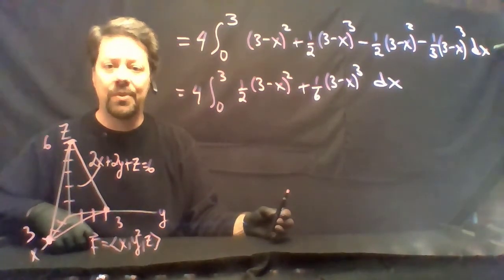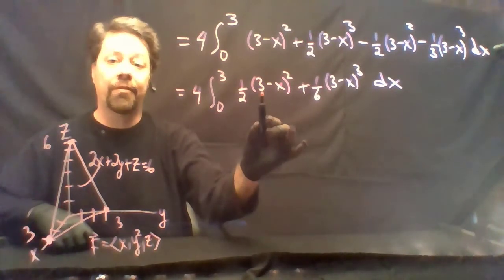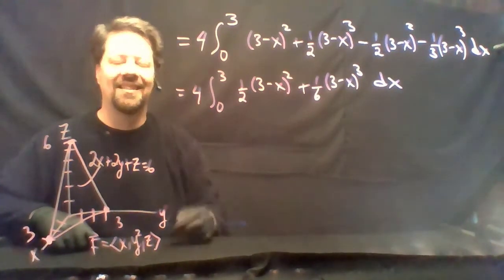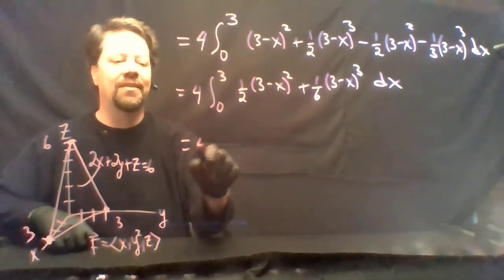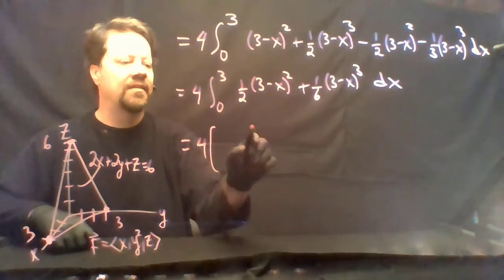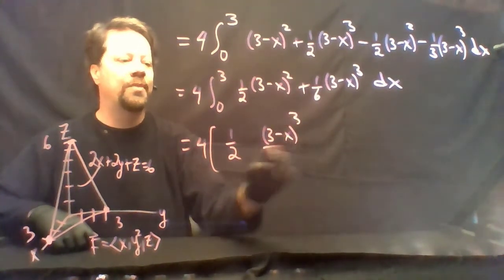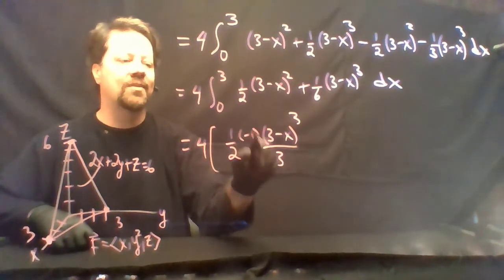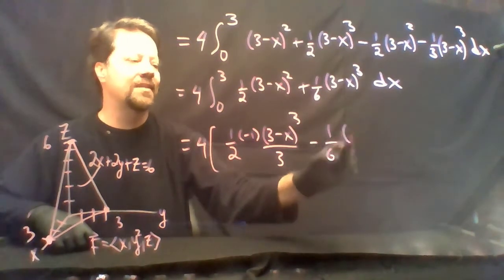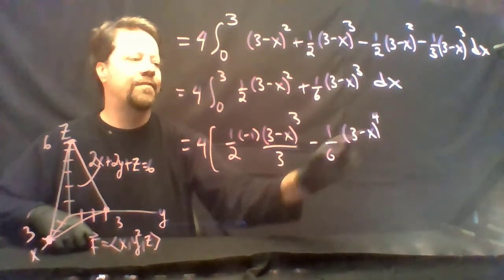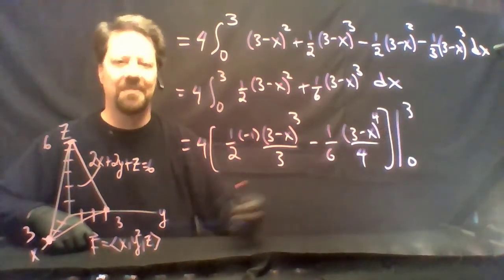If we were to do a u substitution on this integral, we would choose u equals 3 minus x. That means du would be minus dx. And when we integrate it, we would get 1/2 3 minus x cubed over 3 with a minus 1 in front. Same here. We'll have minus 1/6 3 minus x to the 4 over 4. The whole thing evaluated from 0 to 3.